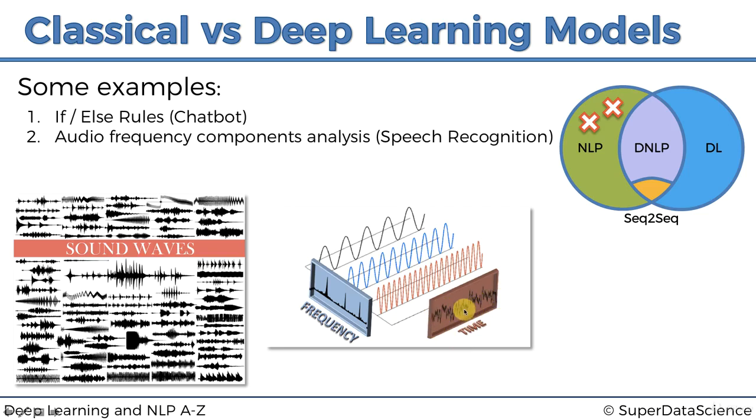Of course, this doesn't even look like human speech, to be frank, but the concept stays. So we look at what frequencies it consists of, and then we compare them to the pre-recorded frequencies. So we know that, for instance, a certain combination of frequencies means this type of word or this type of word.